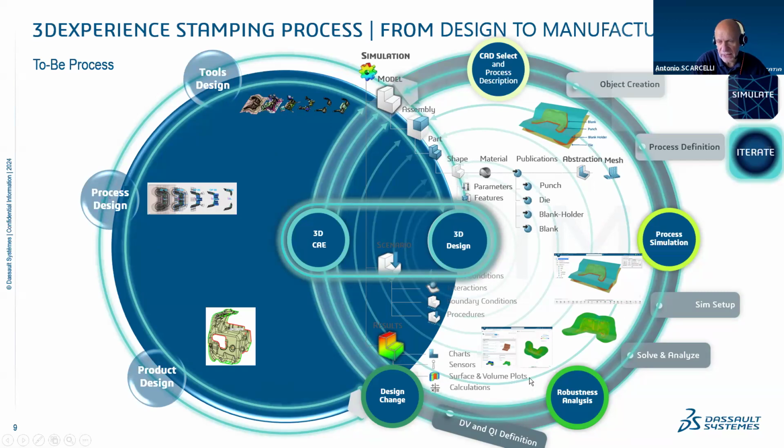And this is the area of SIMULIA. And you see there is an intersection where in some functions, you have access to the capability and the power of SIMULIA embedded inside some CATIA functions. And after here, there are some capabilities that are pure simulation, where you need a license from simulation.